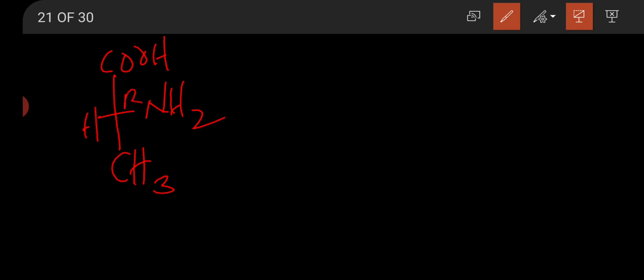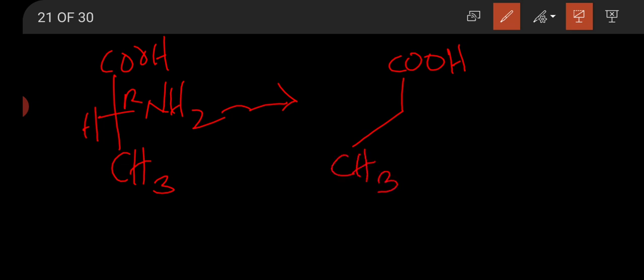If hydrogen is above the plane, the COOH and CH3 bonds are placed in the plane of the paper.